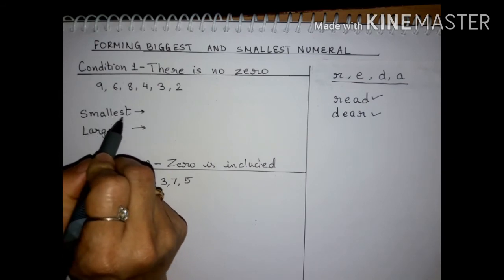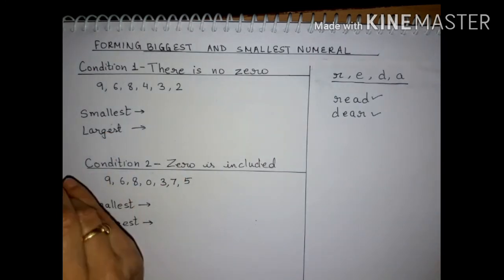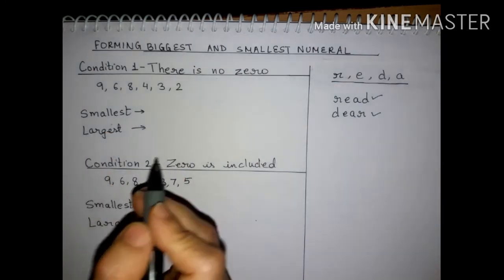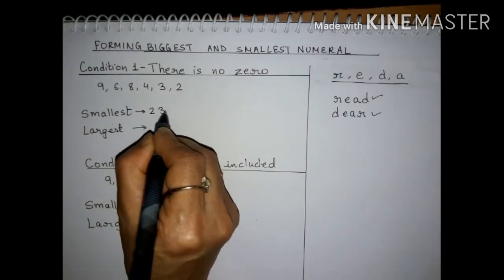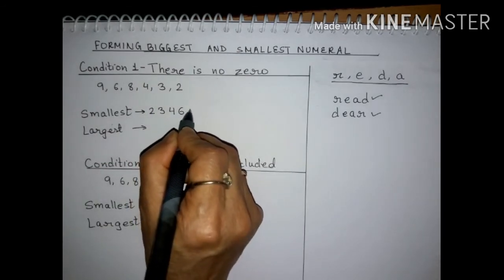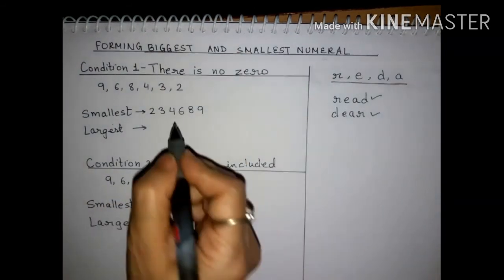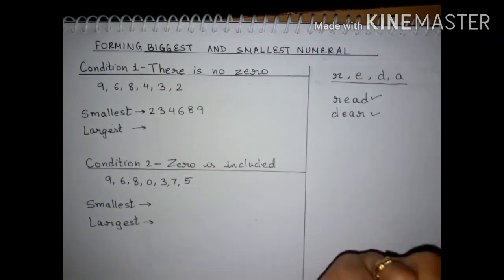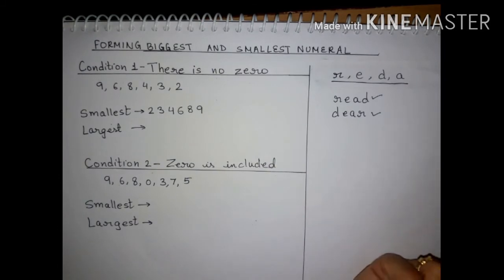For framing the smallest numeral from the given digits, we simply need to arrange the digits in increasing order. So it will be 2, 3, 4, then 6, then 8, and then you have 9. And you can put the commas according to the system you have been asked for. Okay, otherwise no need to put commas.